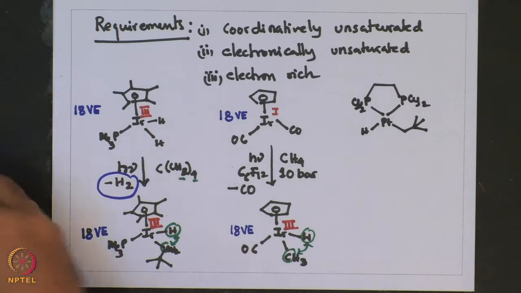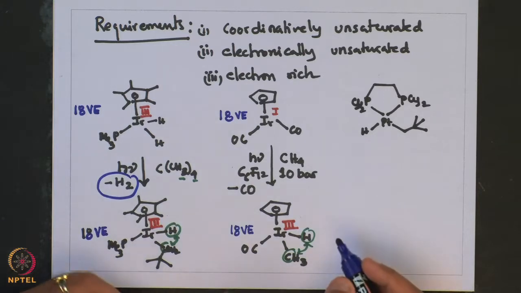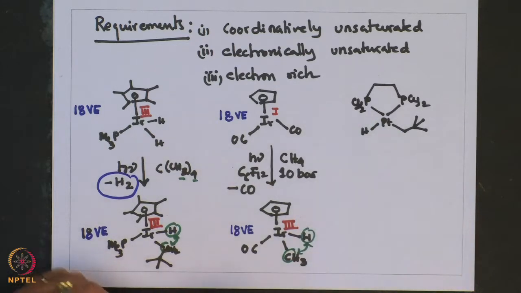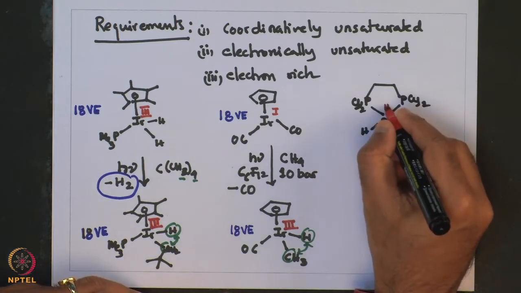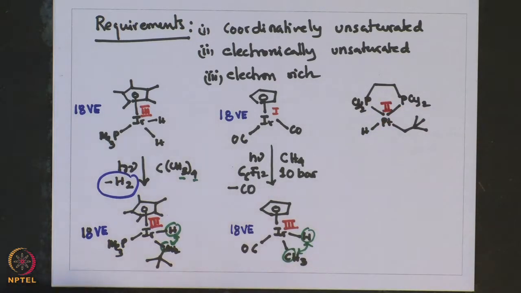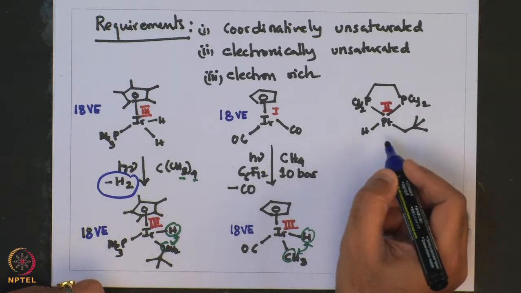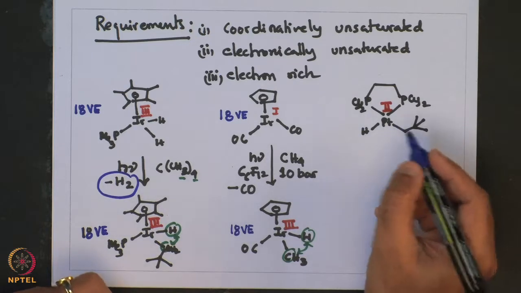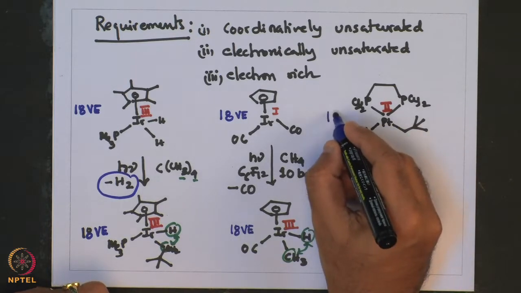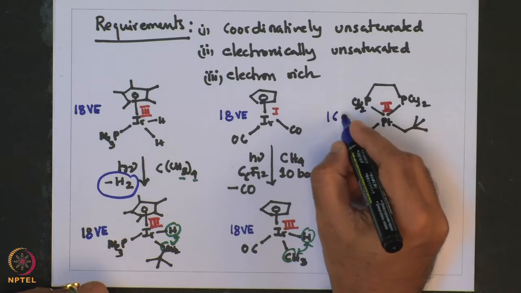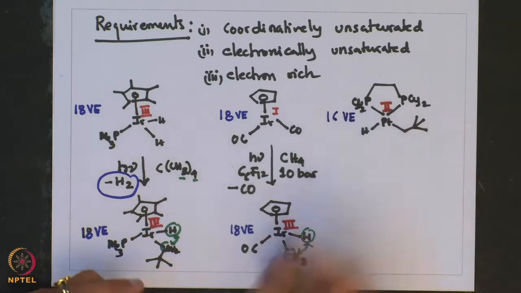This is a square planar platinum complex having oxidation state of +2, and it has 16 valence electrons.